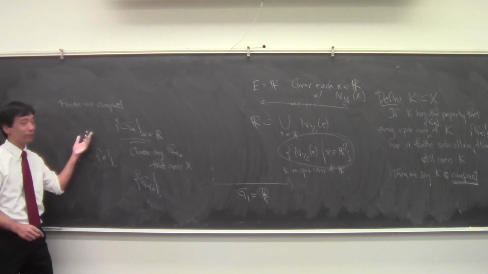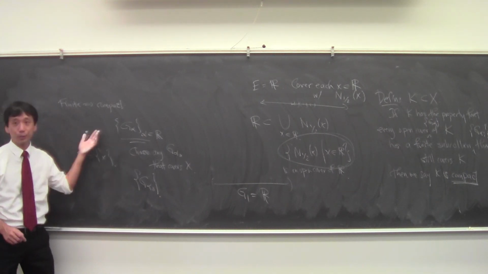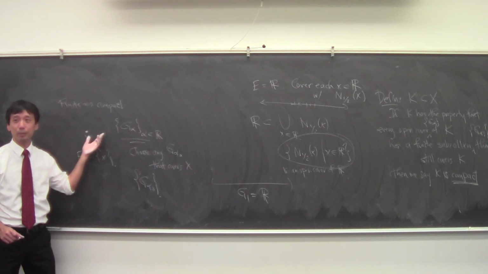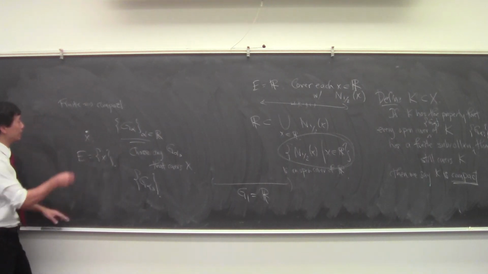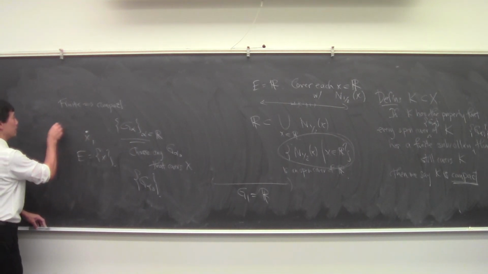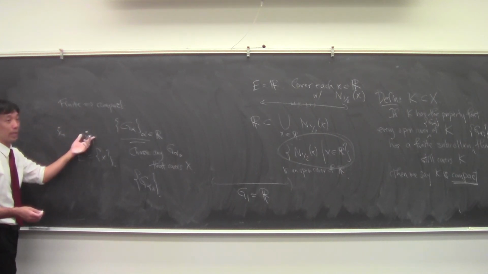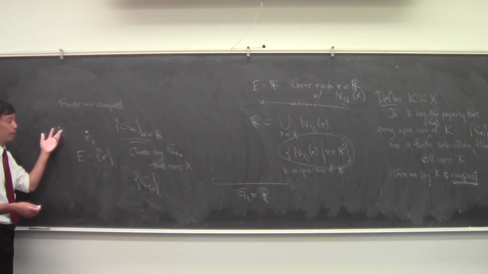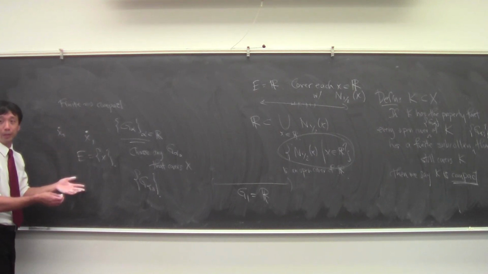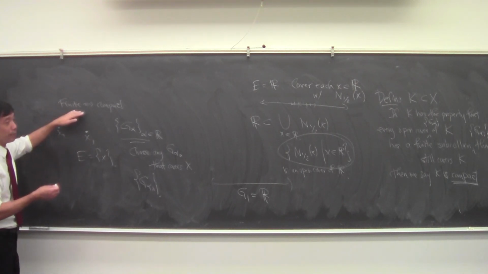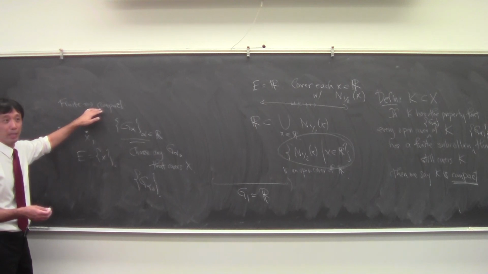So if my set is finite, I can always choose a finite subcover. If I had 2 points, x1 and x2, I'd choose one of these sets that covers this one, and one that covers that one. I've got a finite subcover. So being finite implies compactness immediately.